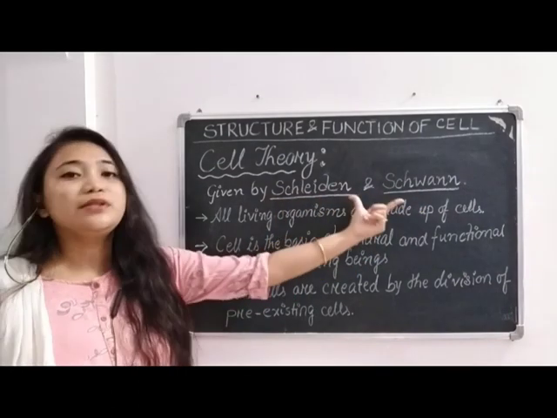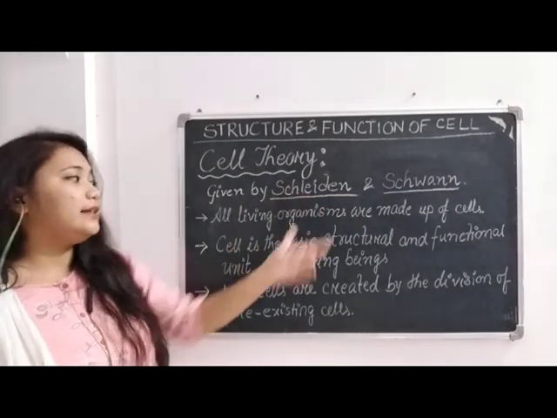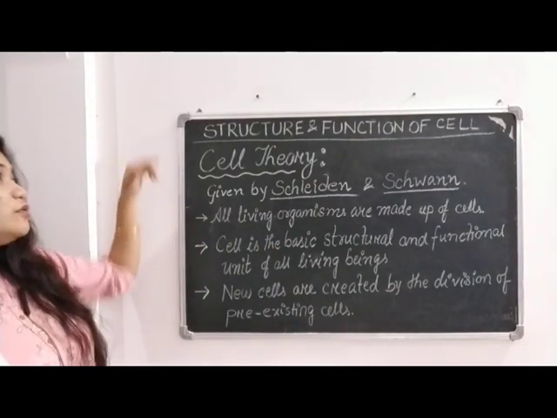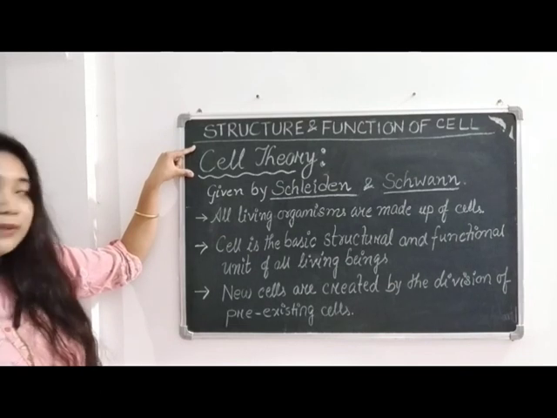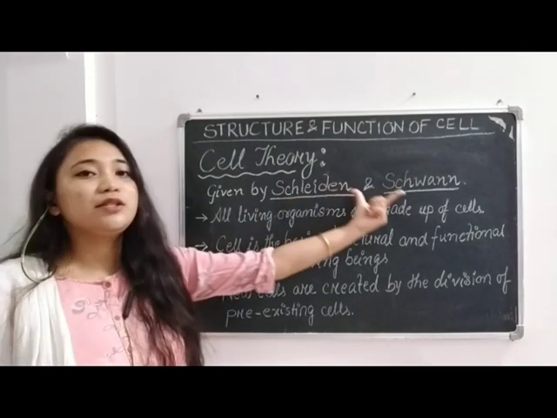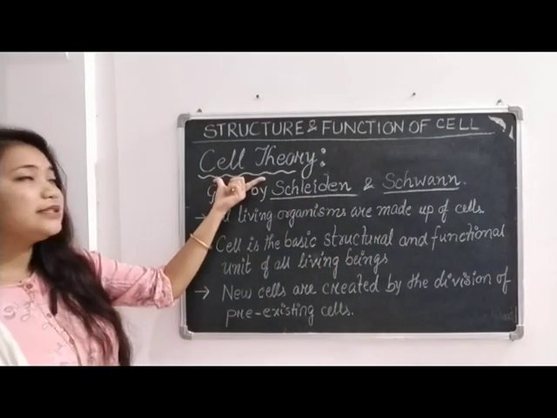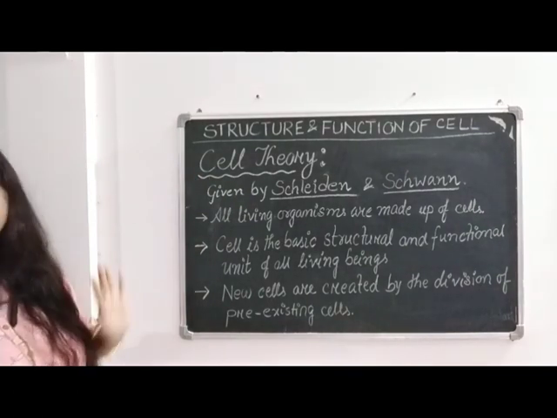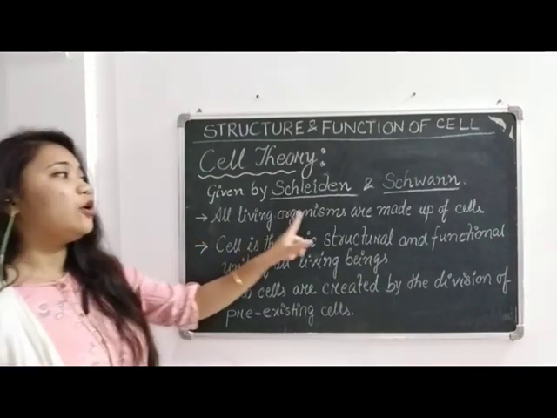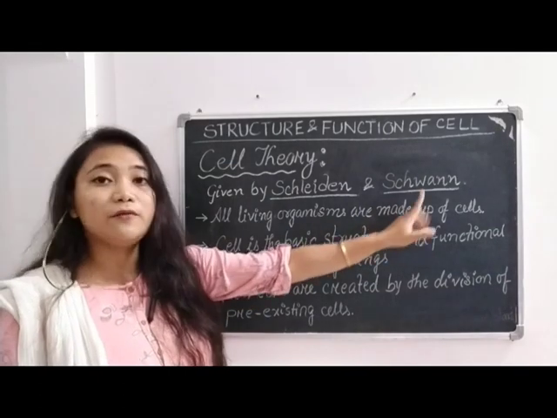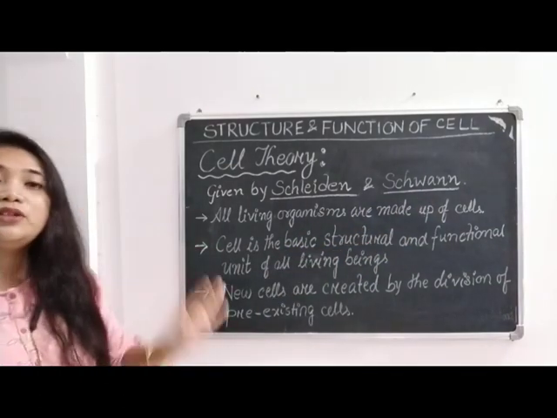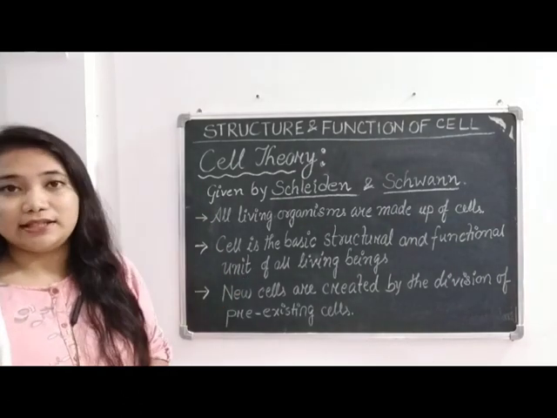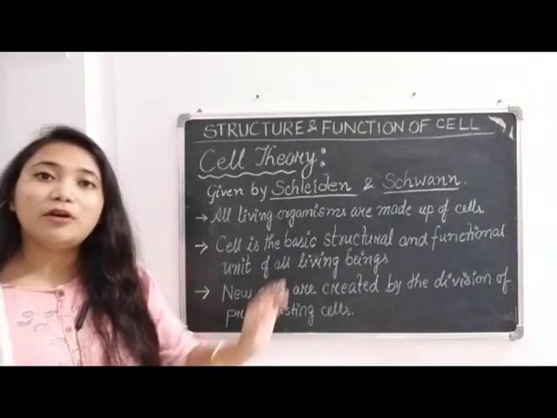They are 2 scientists, and together they gave these three statements, which is the cell theory. According to the cell theory, the first statement is that all living organisms are made up of cells. According to them, all living organisms are made up of cells.